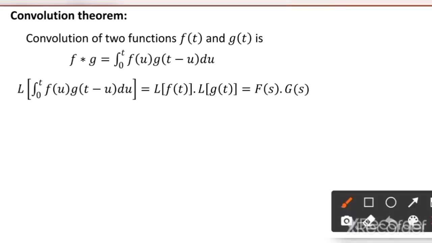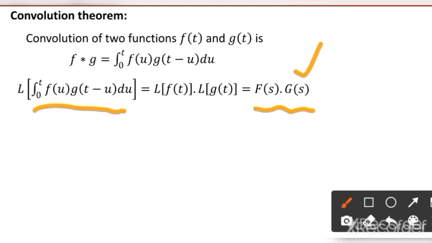Say I take this product as f1 of s, a bigger function whose L inverse I cannot get immediately, but if I split it into two simpler functions whose L inverses are obtained immediately, where f of s has L inverse f of t and g of s has L inverse g of t, then we proceed.